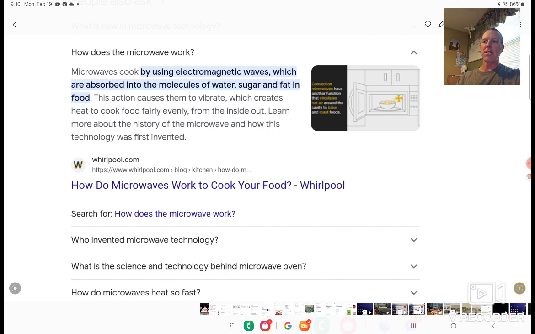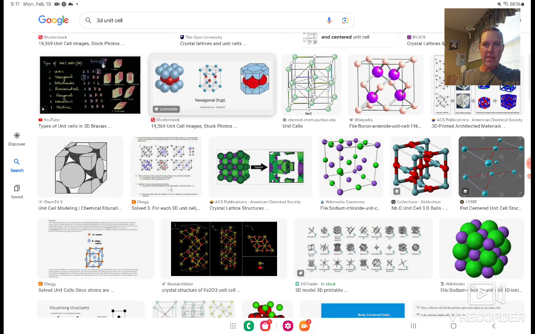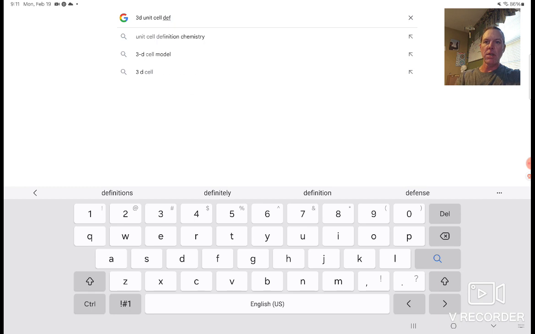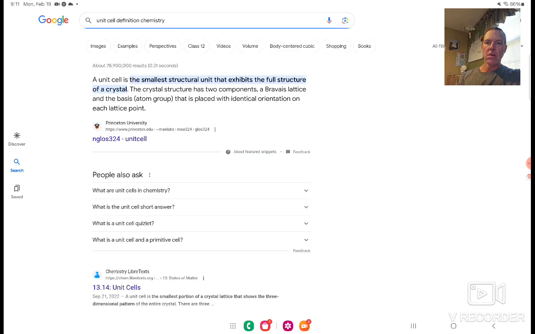What we're doing is we're trying to look at, okay, this is a 3D unit cell. Okay? And there's a cube. So what we're going to do is, of a crystal, a unit cell is the smallest structural unit that exhibits the full structure of a crystal.